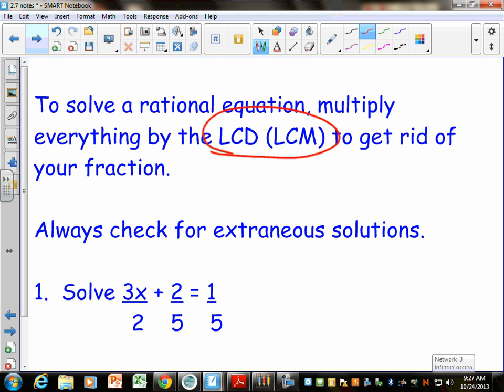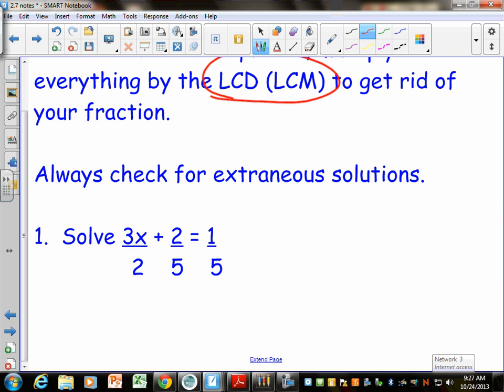And the other big thing is if you have x's in your denominator, you have to check for extraneous solutions because sometimes you get an answer that doesn't work in the actual problem. So we're going to start nice and simple here, okay? Okay, ready?